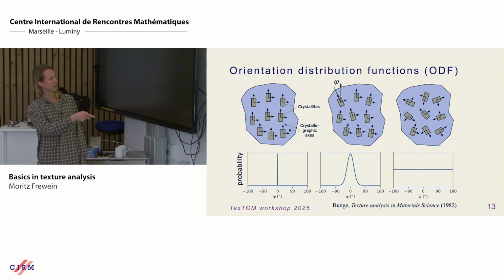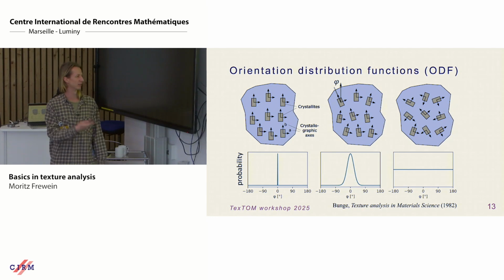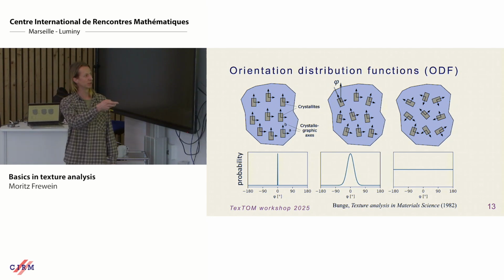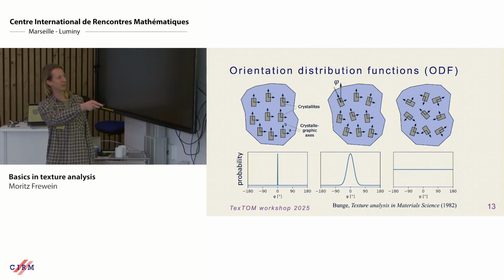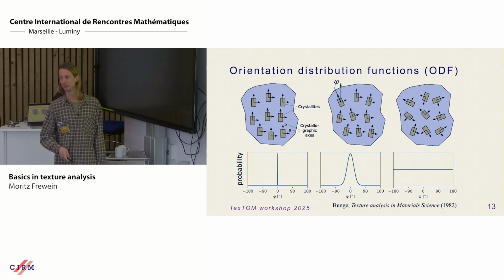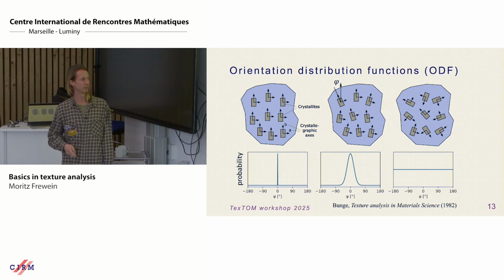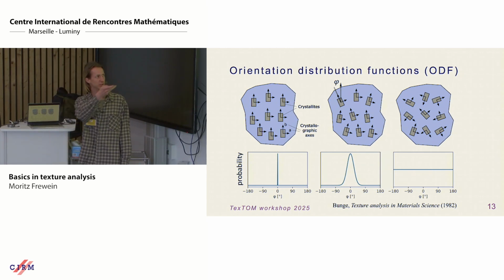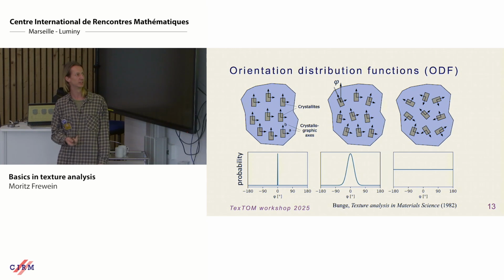In the second scenario, it's more spread out. It might look like a Gaussian or whatever function. And in the third case, it's just completely flat. We don't have any information about what orientation is more likely. So this in 2D looks quite simple.